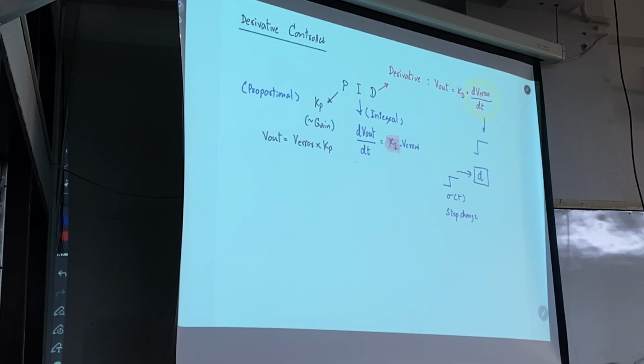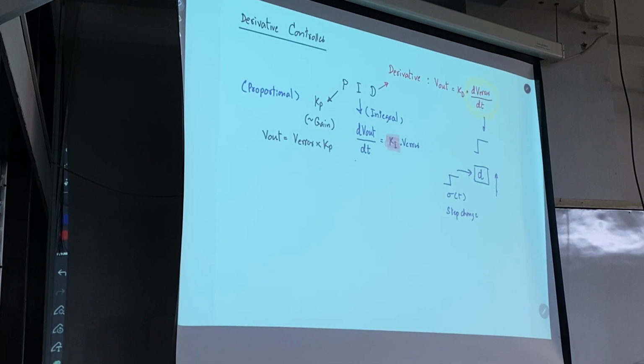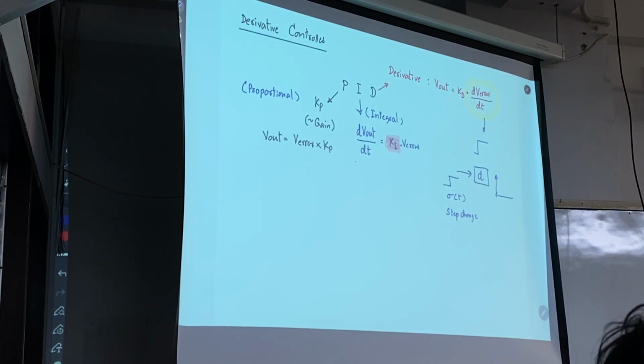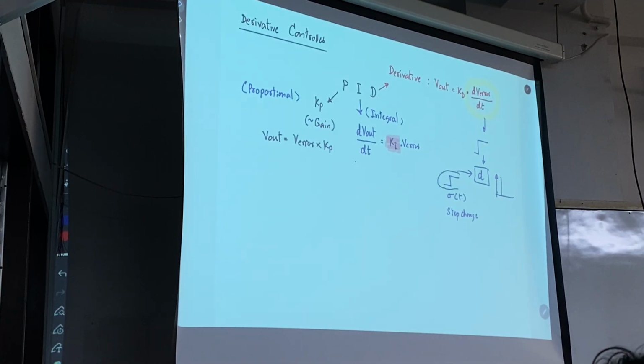Then you will expect to have the output look something like this. But if you use the op-amp as the derivative circuit and you put this input error at the inverting pin, you will expect to have something on the negative side, like this.